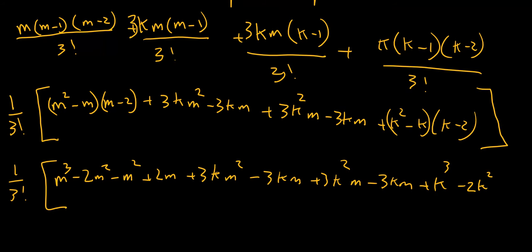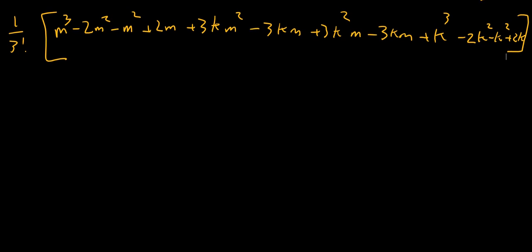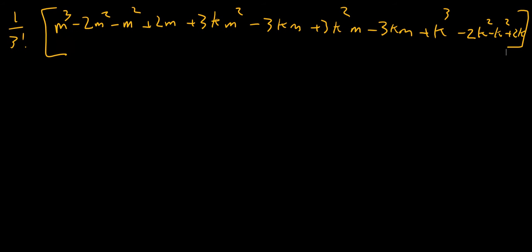Is that right? K cubed, 2k squared, subtract k squared plus 2k. Okay, so pause the video and simplify this for me, please. I'm going to do the same. And let's see what you should get.